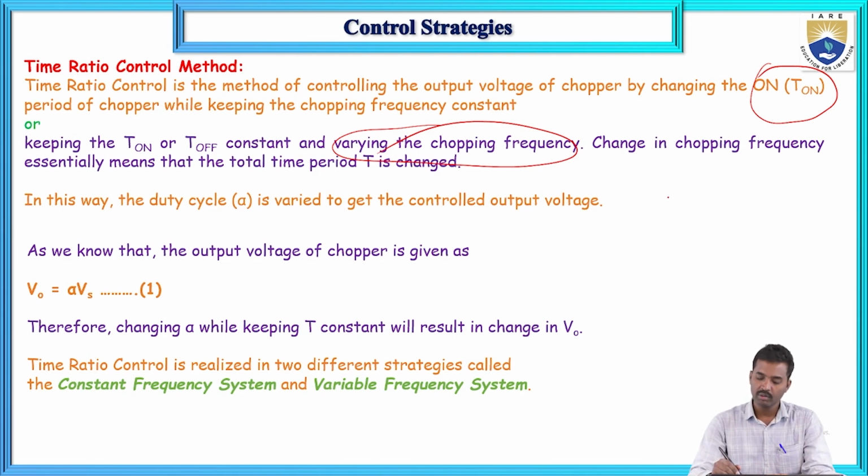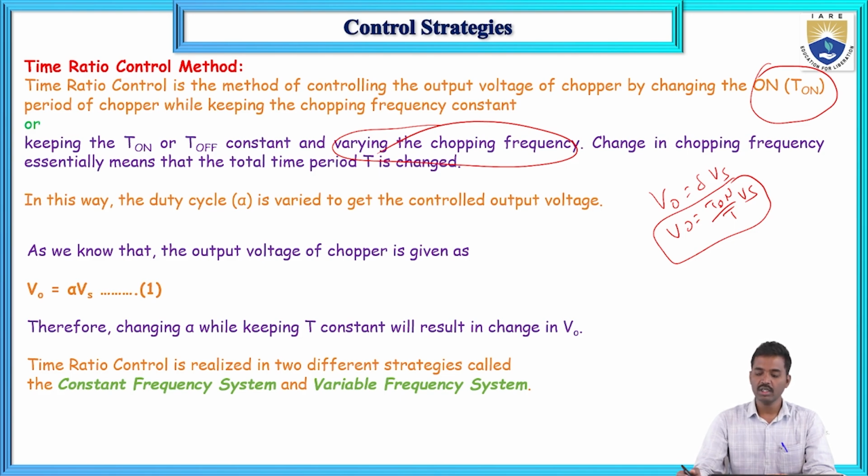Let me write V naught equals delta into Vs, and V naught equals T on by T into Vs. Delta can be changed by either the time ratio control method or the current limit method. In the time ratio method, V naught equals T on by T, where T means T on plus T off, into Vs.